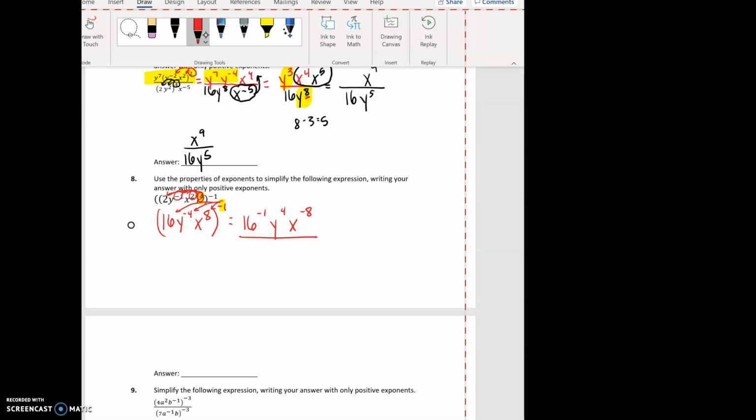All right, I'm going to think about this as a fraction. Anything with a negative exponent gets moved. Y is raised to the positive 4th, so we're going to leave that guy alone in the numerator. This will become 16 to the positive 1 power and x to the positive 8 power. Now, I really don't need that positive 1 power, so I'm going to actually erase that. So this will be my final answer, y to the 4th over 16x to the 8th.